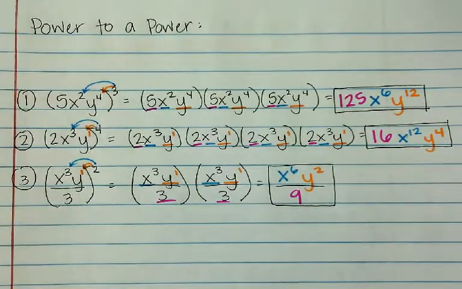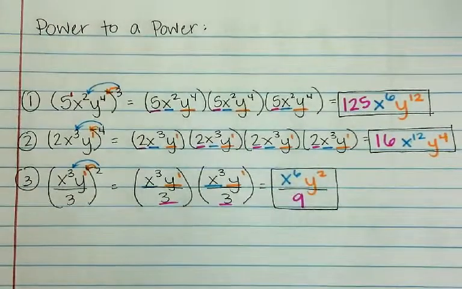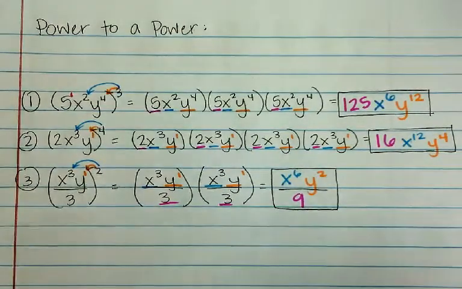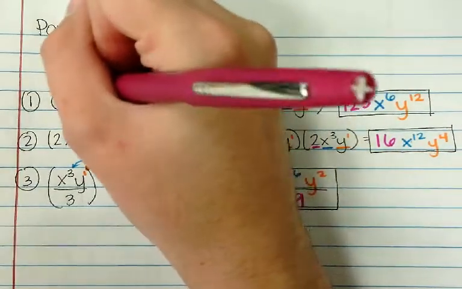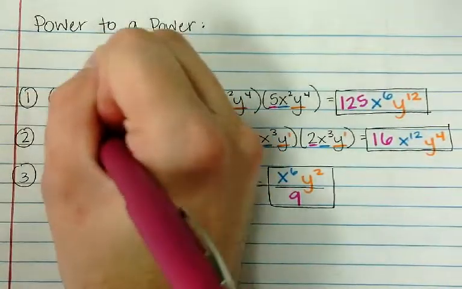And the reason why, I want you guys to see this. It's kind of like the 5 has an exponent of 1. So you were still saying 5 to the power of 3. Here, we said 2 to the power of 4. And then down here, we said 3 to the power of 2. Because it's like we're multiplying the 2 by the 1 there.